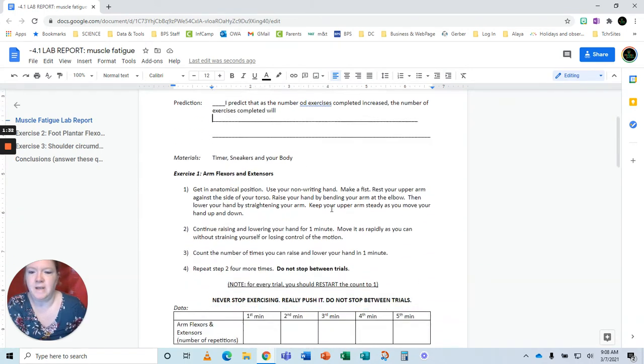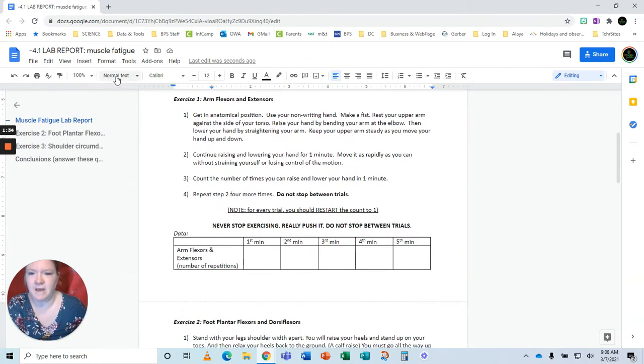All right. Now, as I continue, here is my first exercise. So you're going to get in anatomical position, use your non-writing hand, make a fist, rest your upper arm against the side of your torso, raise your hand by bending your arm at the elbow, then lower your hand by straightening your arm. Keep your upper arm steady as you move your hand up and down.